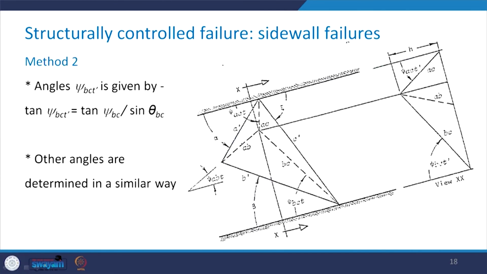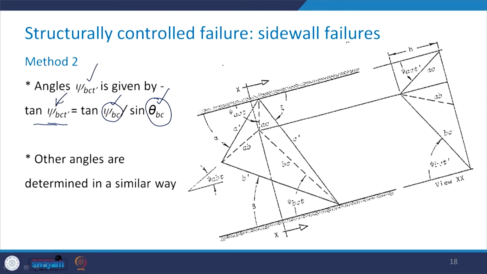Now this angle psi BCT prime is given by tan of psi BCT prime is equal to tan of psi BC divided by sine of theta BC. We know psi BC, which we have already obtained, and we know theta BC also.